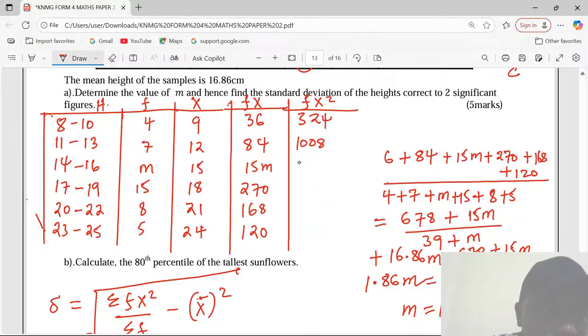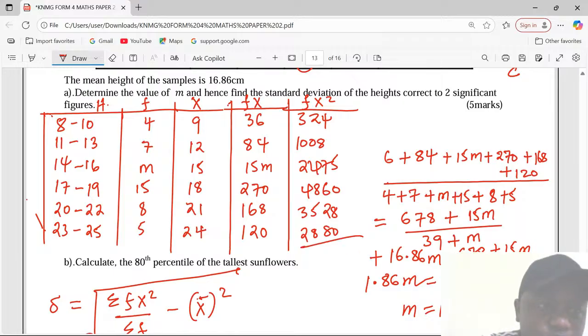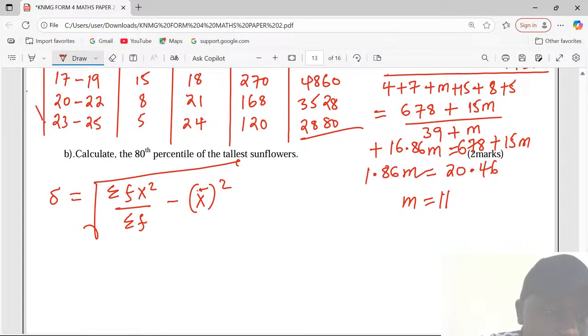So we get 2475. We go to 4860. We go to 3528. We go to 2880. That way. Then we get the totals now, which is supposed to be 15075.